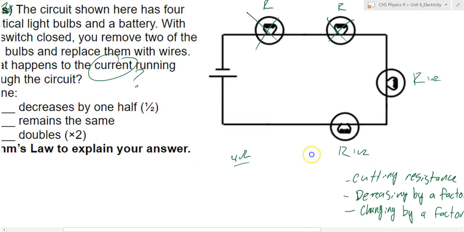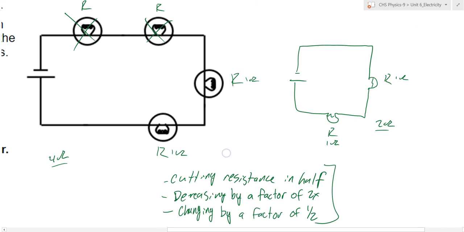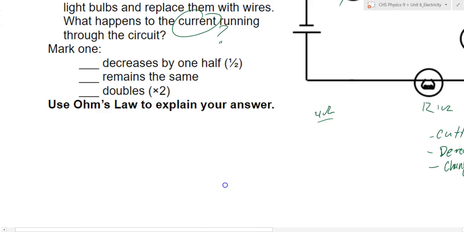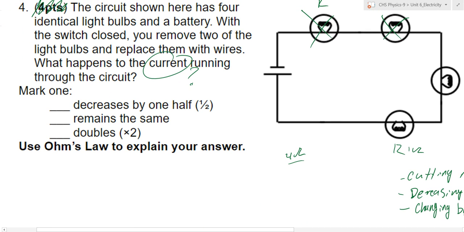So over here, the resistance is going down by 2 times.